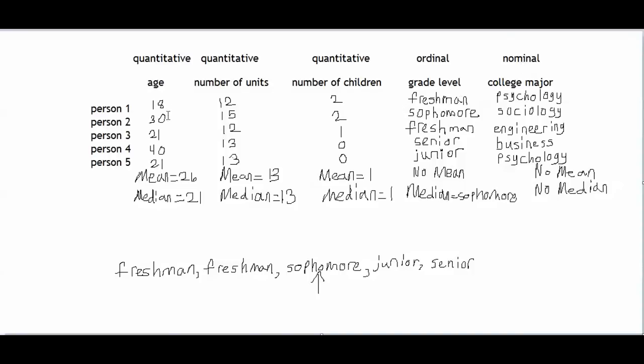How could we find the median if we had an even number of numbers? What if we had 18, 30, 21, and 40? What if we only collect data from 4 people?